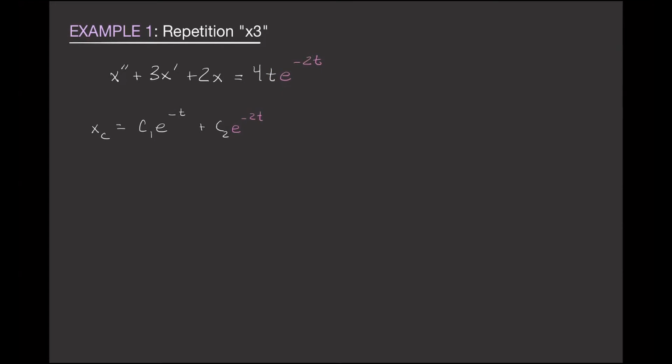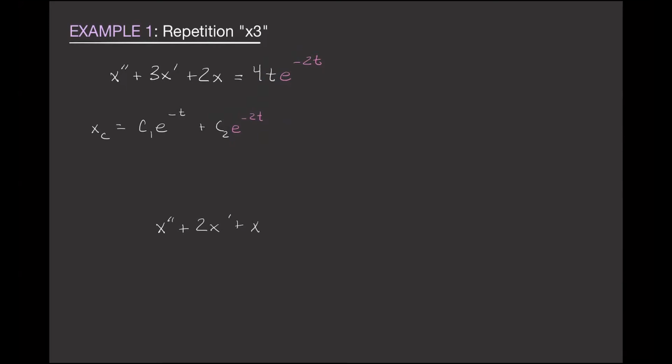The number of times that e to the negative 2t in some figurative sense is repeated is 3 times. Now, the reason why is, well, we have it one time here, and we have it another time here, but it's with t. Remember before, if we had, let's say, repeated roots, let's say you had x double prime plus 2x prime plus x.